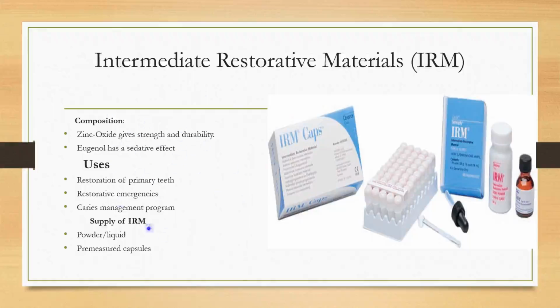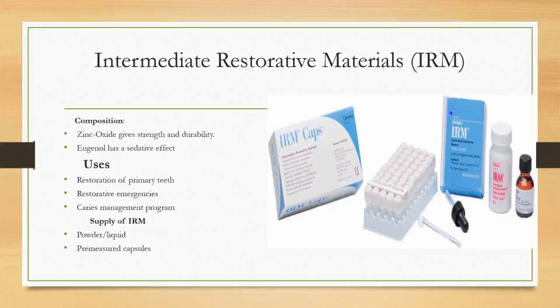So the uses are restoration of primary teeth, restorative of emergencies, caries management program. It comes sometimes as powder and liquid, or sometimes as pre-measured capsules. So it depends on what you have. For pre-measured capsules, you just have to dispense the capsule and that's it.